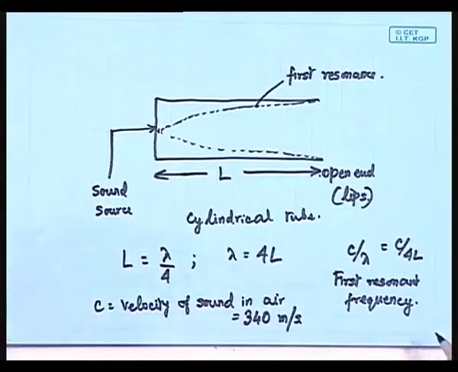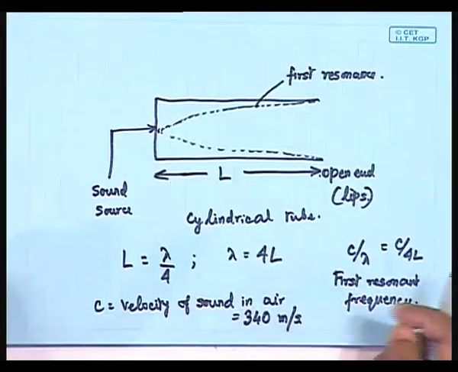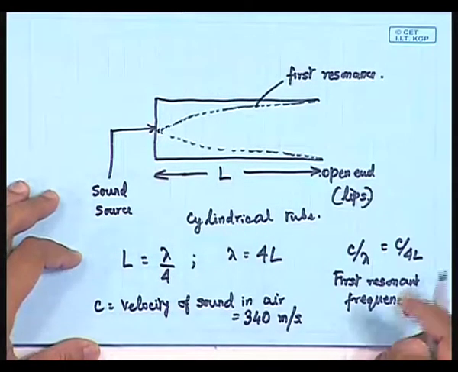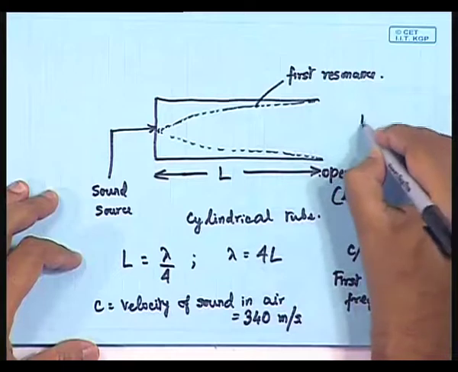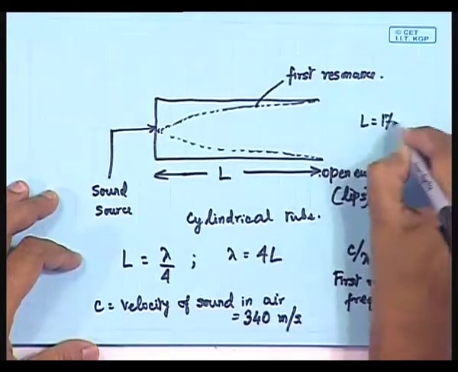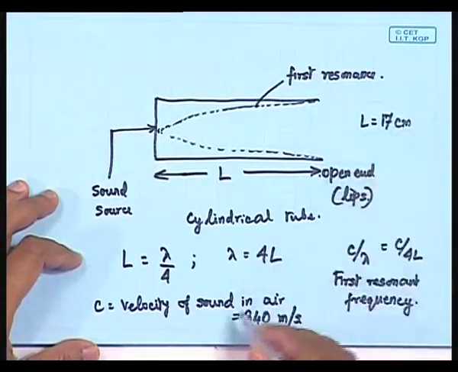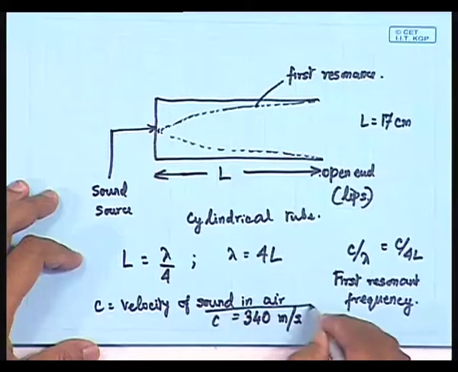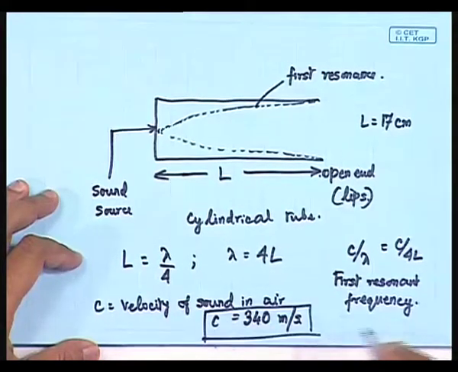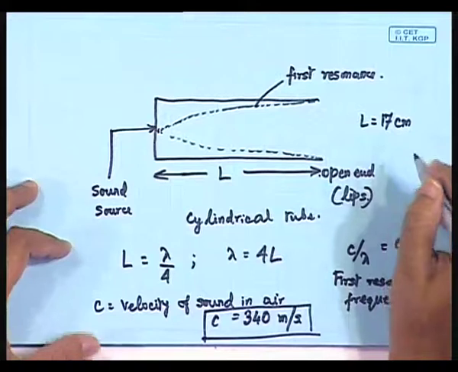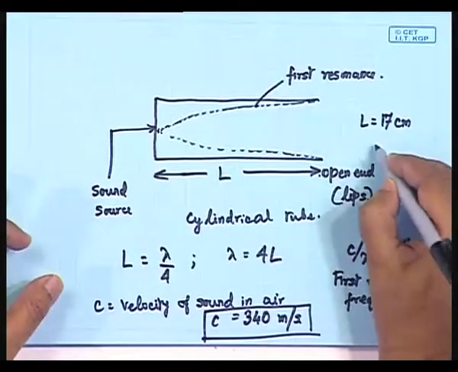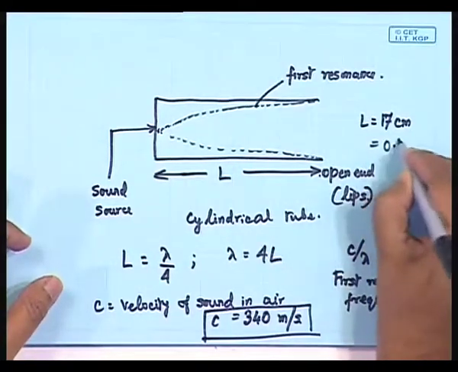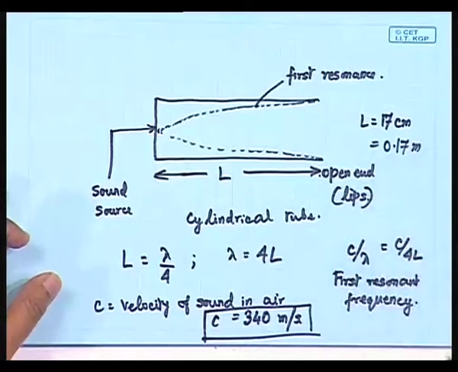And what is L? L is effectively the distance between the larynx and the lips, and let us say that we take the value of L to be 17 centimeters. So C is equal to 340 meters per second and L is equal to 17 centimeters, or rather 0.17 meters.